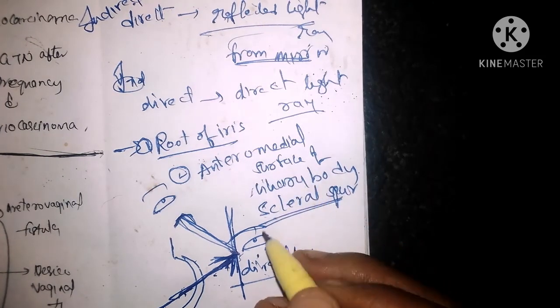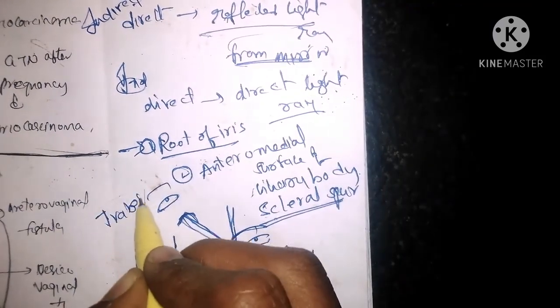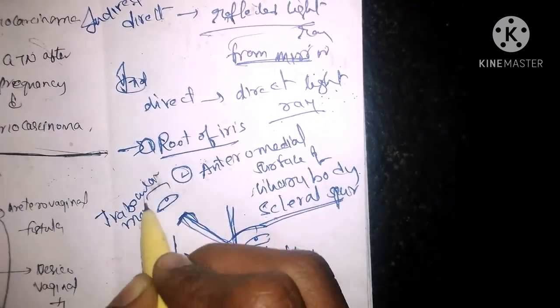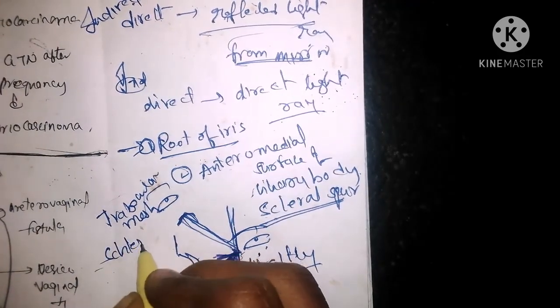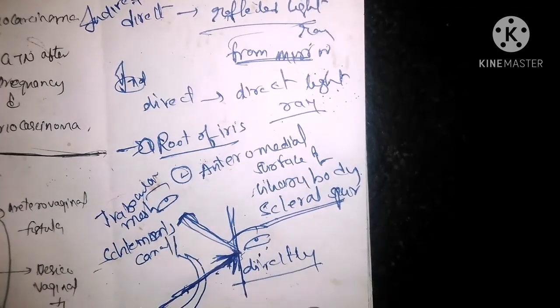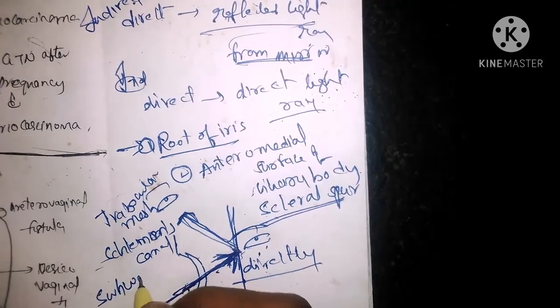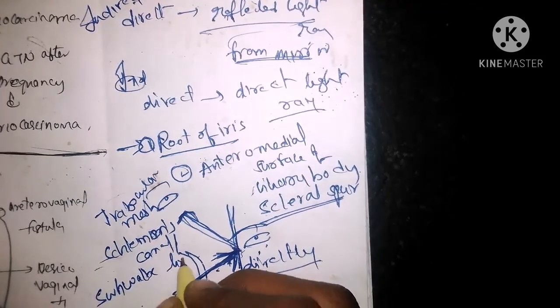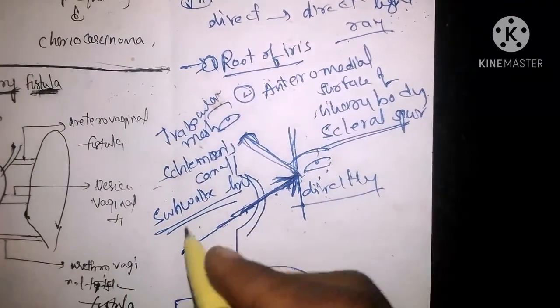Next, trabecular meshwork and Schlemm's canal and Schwalbe's line. What is this?